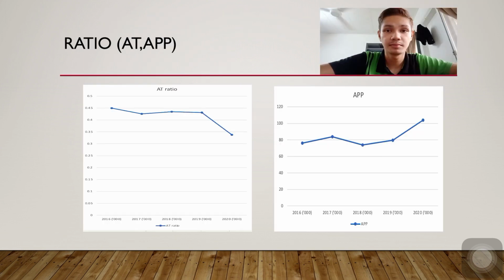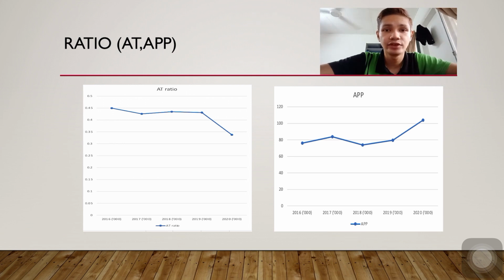Moving on to the next part of the presentation, which is the ratio, I will be explaining about the efficiency ratio. The function of efficiency ratio is to determine how successful a company manages its assets and liabilities.